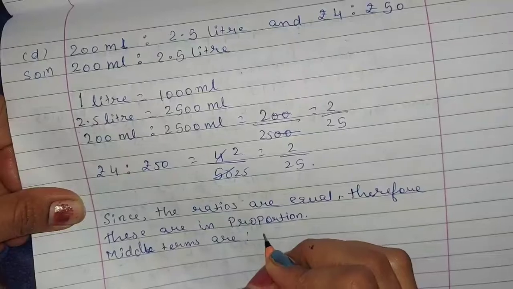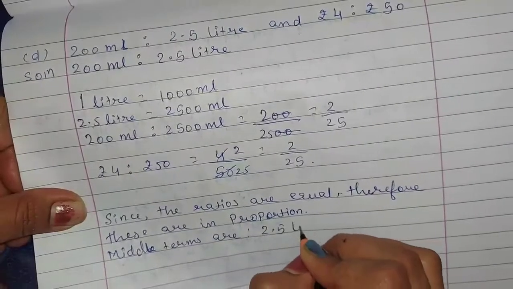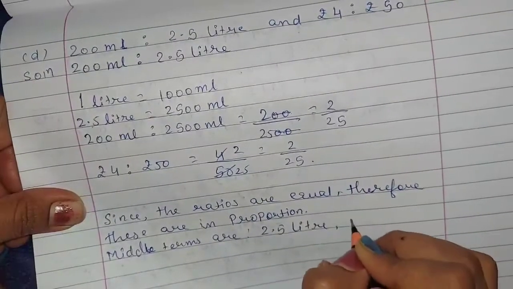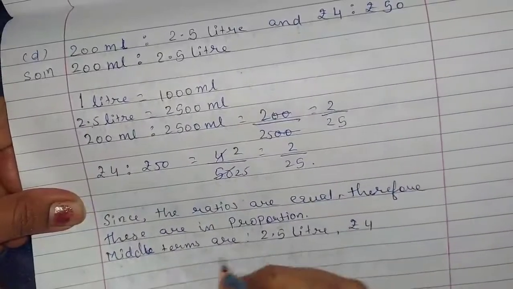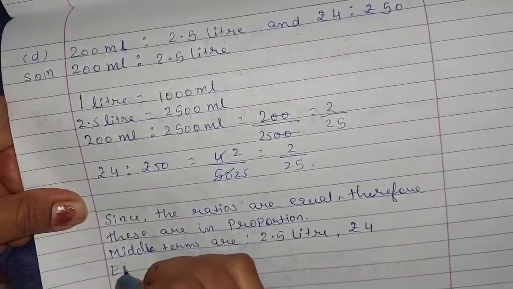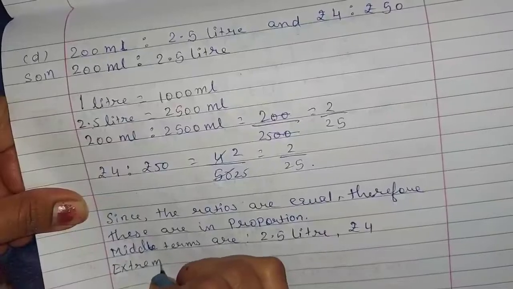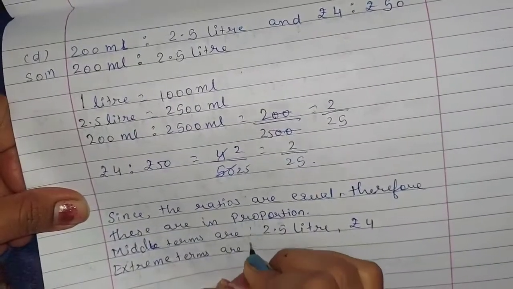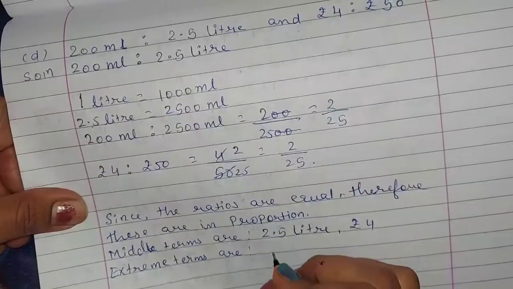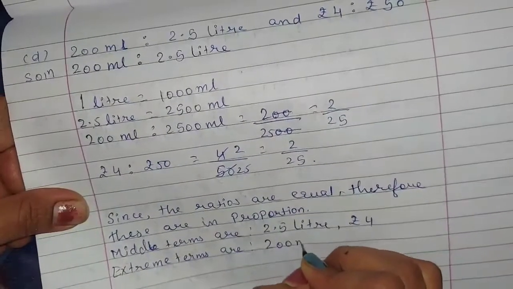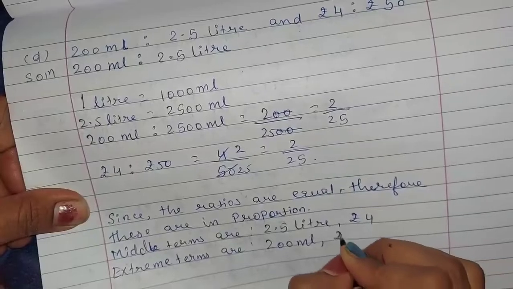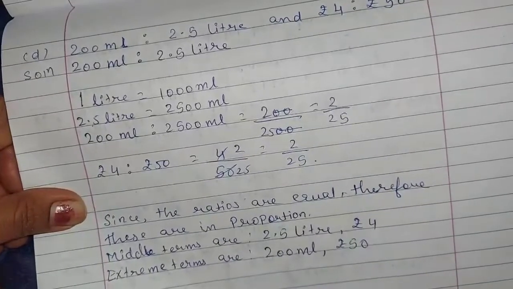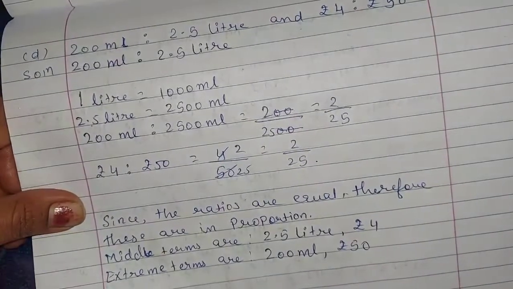Middle terms are 2.5 liter and rupees 4. And extreme terms are 200 milliliter and rupees 50. So these are the extreme terms. Thank you.